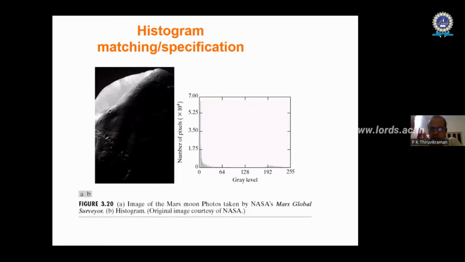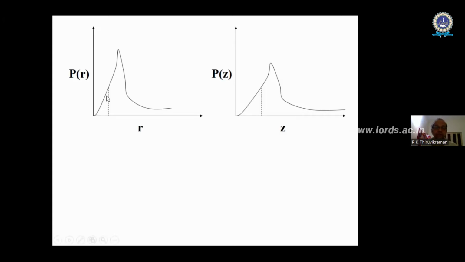Basically, in the previous case, the problem happened because I was very greedy. I wanted a completely flat histogram, right? So now I don't aim for that. I will aim for a histogram which is like the original image but slightly better, like here. So compare these two.